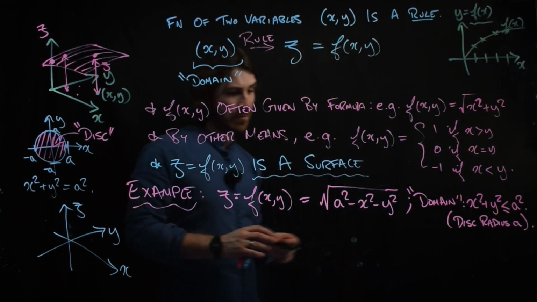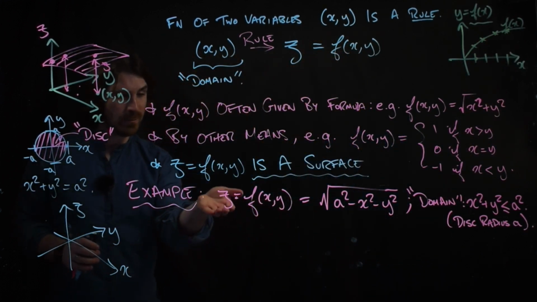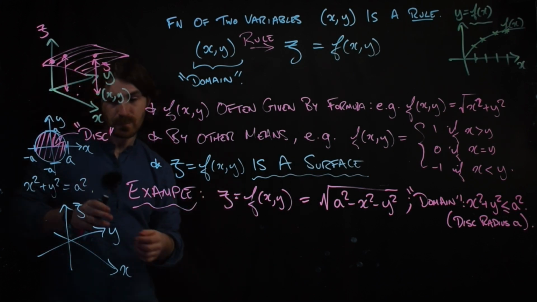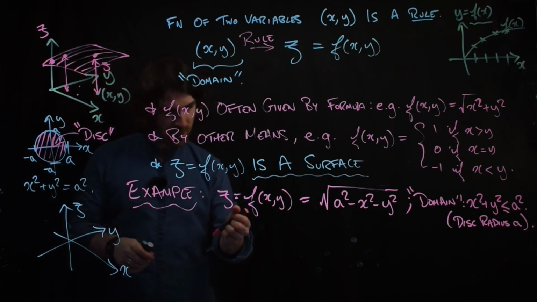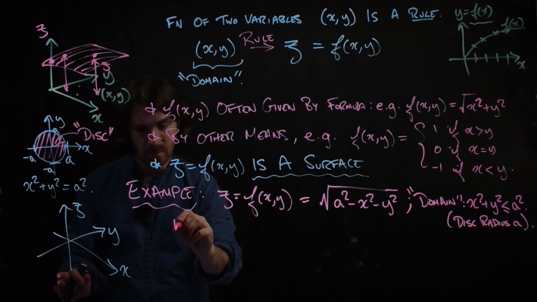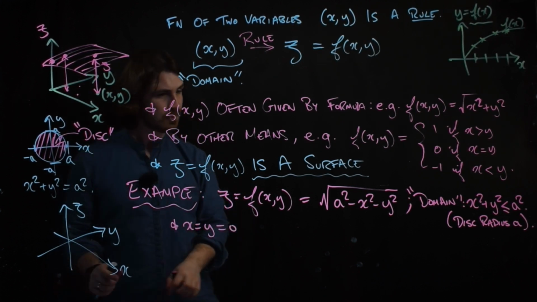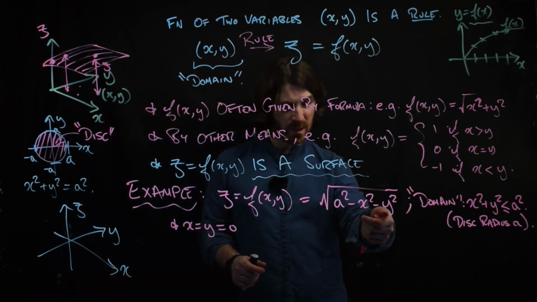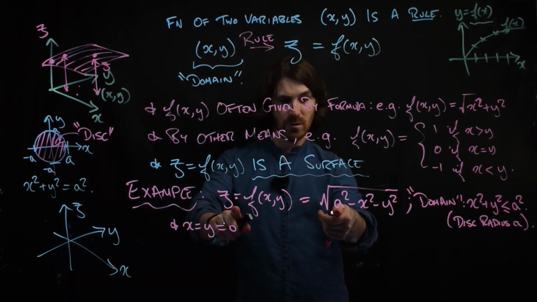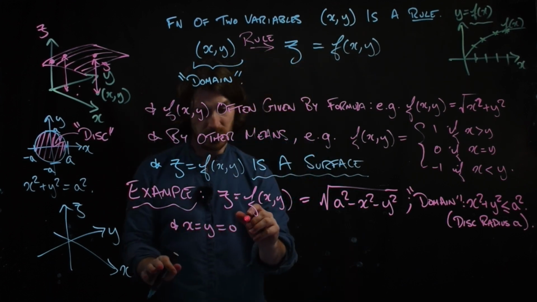Okay, here we can do the same thing. We just choose values of x and y, and we find out what our z is. Okay, so let's think about the case x equals y equals 0. Okay, so if x is 0 and y is 0, then z is just the square root of a squared, which is just a.